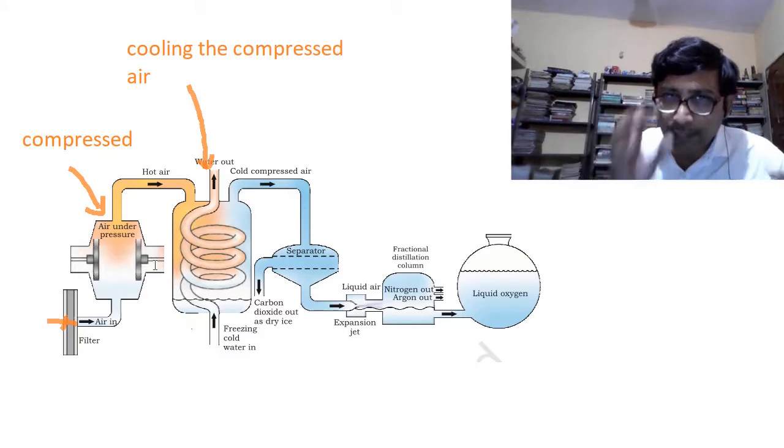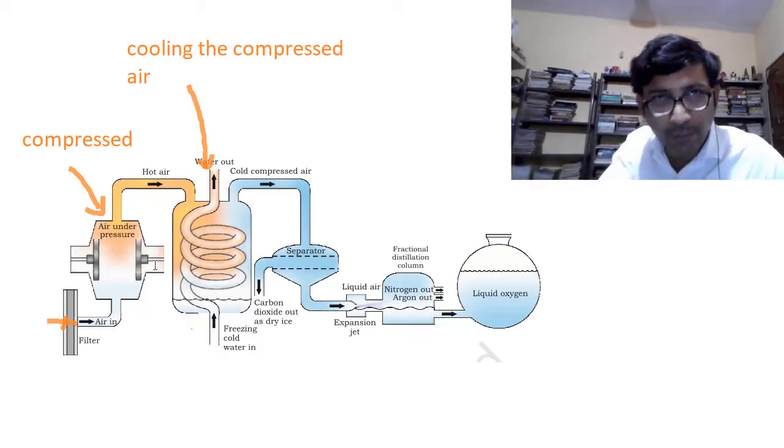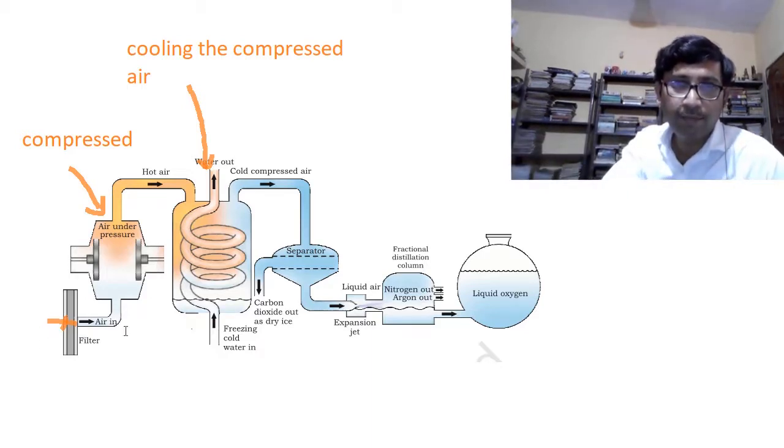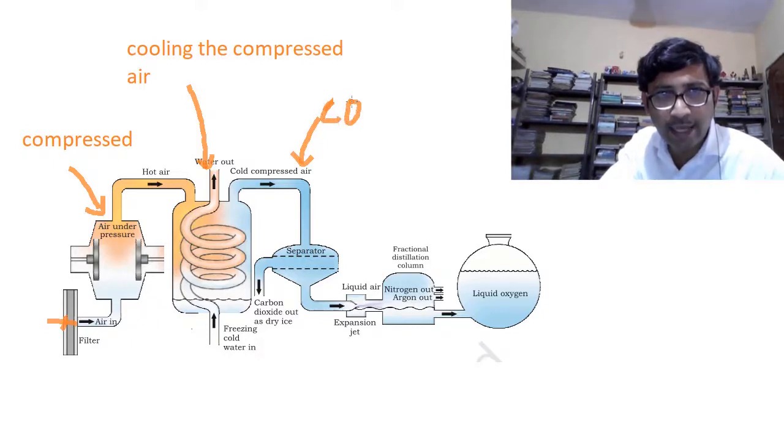The compressed and cold air, when it changes from gaseous state to liquid state or solid state, comes into this chamber over here, and out of the different components of gases that are present in air, one of the gases, carbon dioxide, is a sublimatic substance.